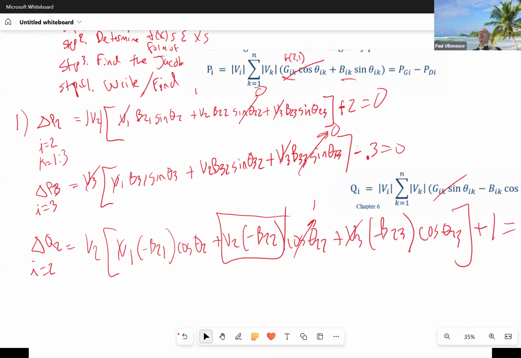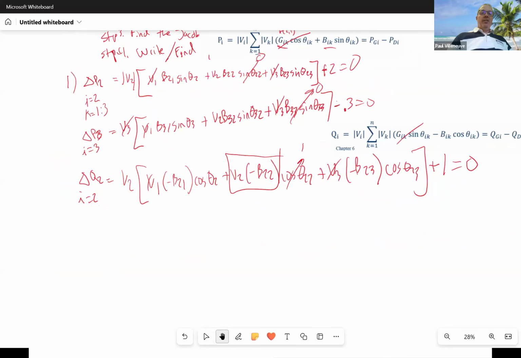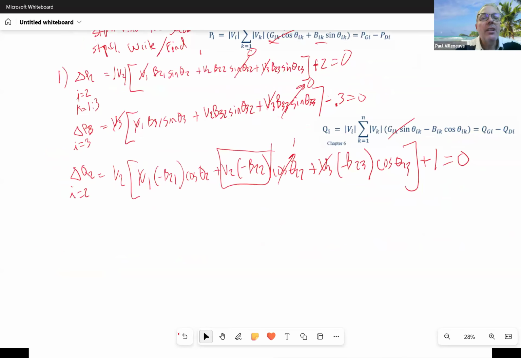Make sure you don't erase that term when it's cosine of theta 2 minus theta 2 or theta 3. Doesn't matter. It's the same term. So now we can really simplify. So now our equation becomes delta P2 is equal to V2 B21 sine theta 2, plus gone to 0, right? So that's gone away.